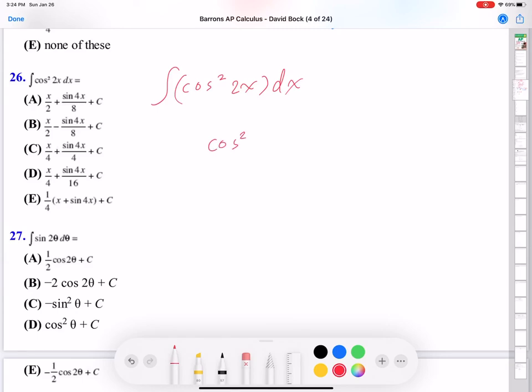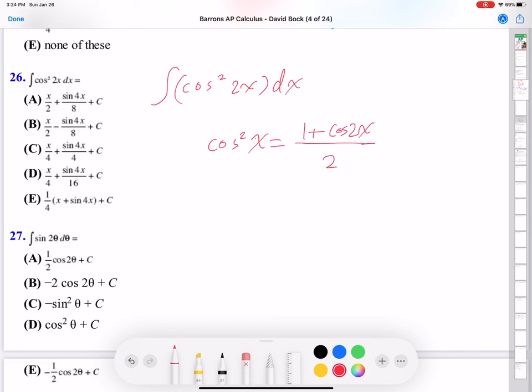Cosine squared x is equal to 1 plus cosine 2x over 2. It's plus, right? And then sine squared x was 1 minus cosine 2x over 2, right?